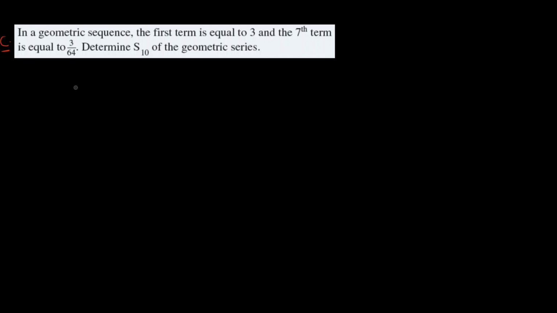So what we know is that a is equal to 3, and we know that T7 is equal to 3 over 64, and we're asked to calculate what the sum of 10 terms is. So what we need to know is that T_n of a geometric series is a r^(n-1).